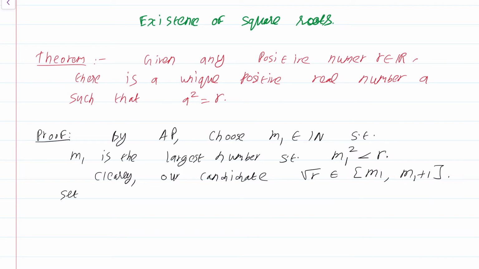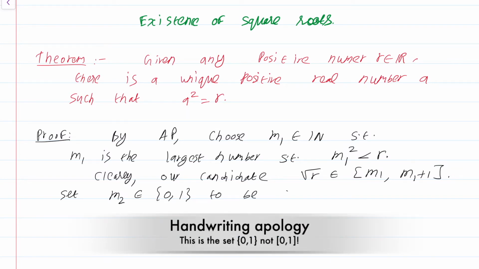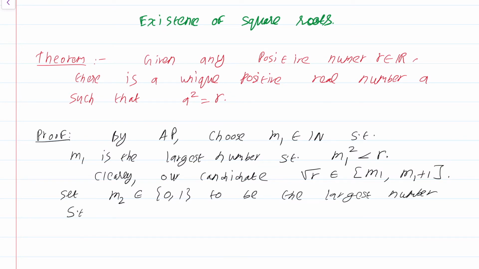Set m2 in {0, 1} to be the largest number such that (m1 plus m2 by 2) the whole squared is less than r.